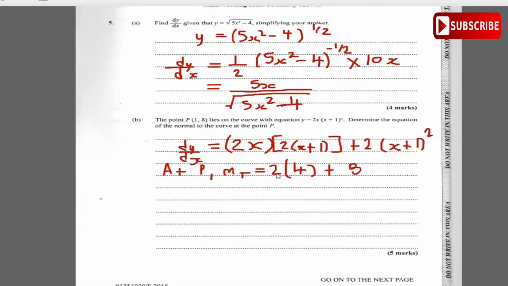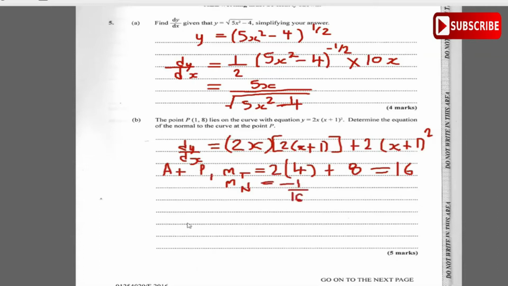So this works out to be 2 times 4, 8, plus 8, which is 16. So that's the gradient of the tangent. If the gradient of the tangent is 16, then the gradient of the normal is going to be negative 1 over 16.